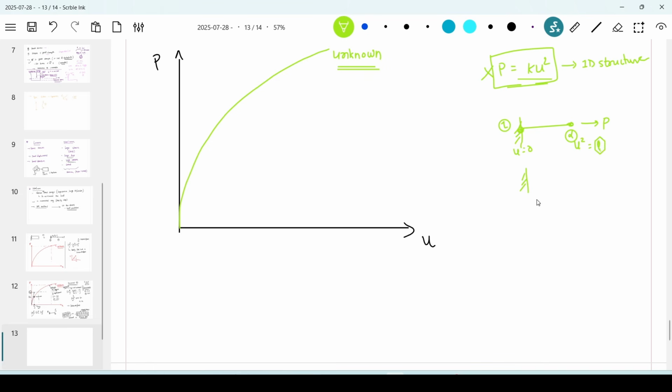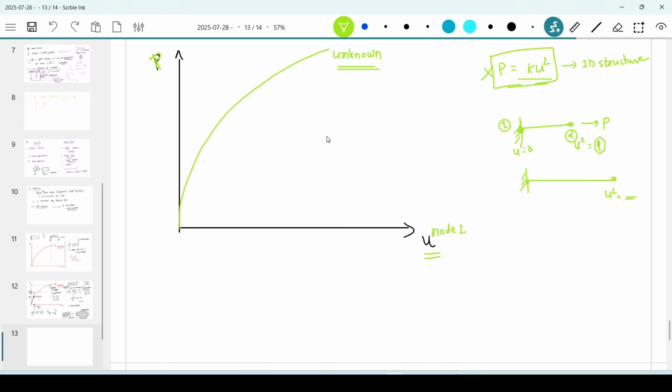Let's say this has stretched something like this, so this is u2, some value. This is unknown, so on the x-axis I am actually talking about u2, node 2. And this is external force P, which is applied at node 2. So force versus displacement, that is the nonlinear response that I want to find. Is that your question?